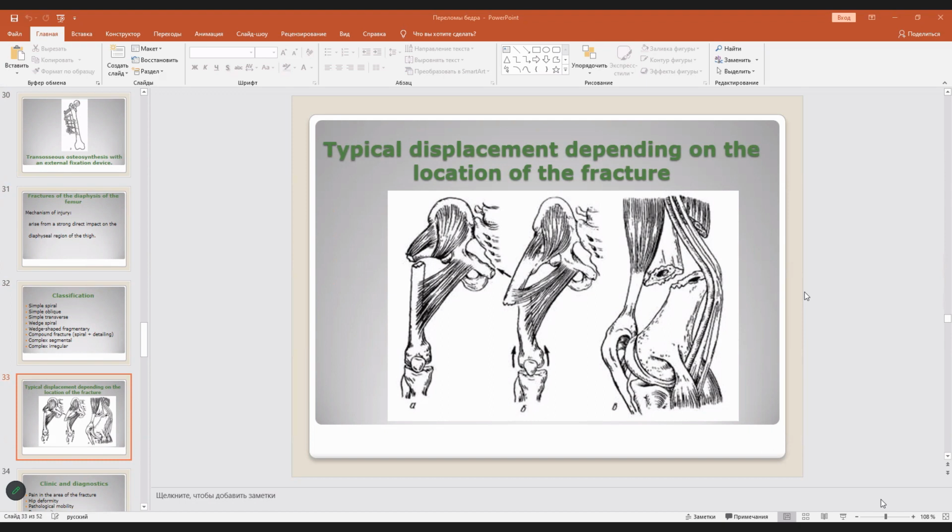Higher, middle, and distal typical displacements.